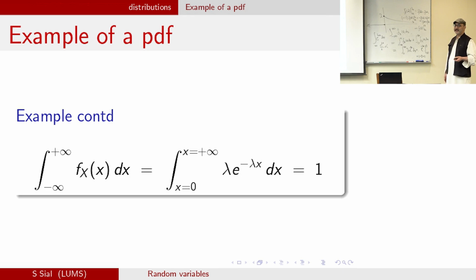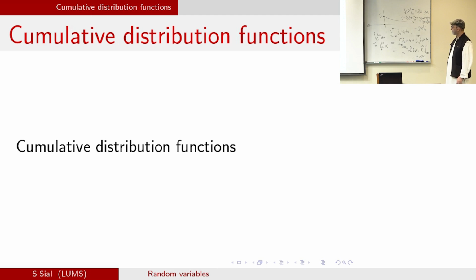And so we could say that there's an exponential random variable. Well, we call it the exponential random variable, which has this PDF. Okay? All right, so that was the example of a PDF.